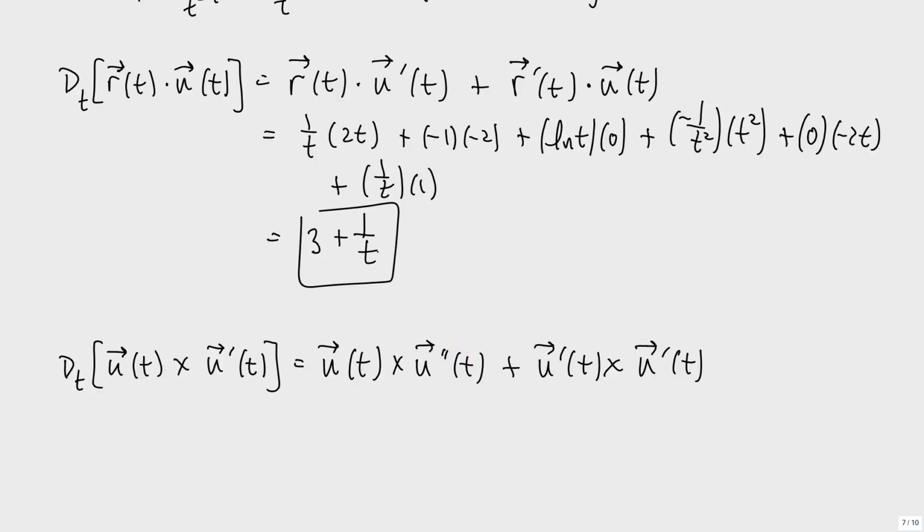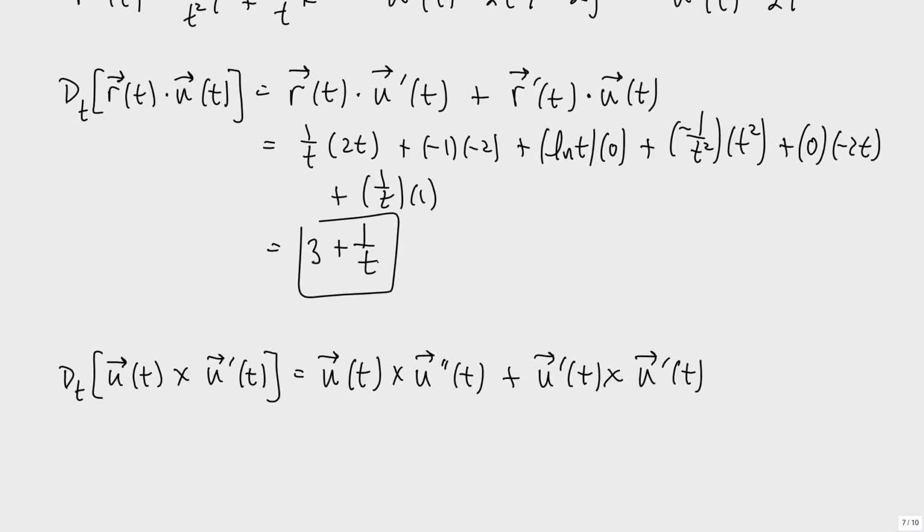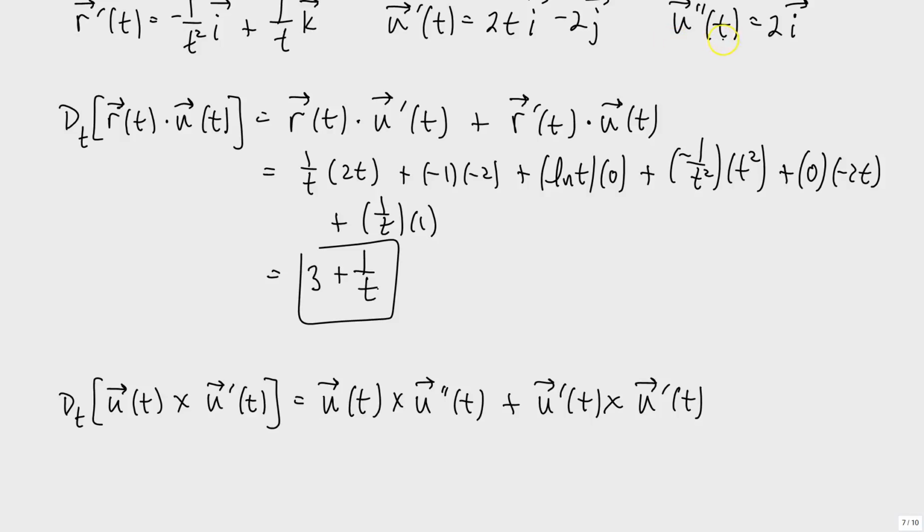So we need the second derivative. So the second derivative of u is going to be 2i. Derivative of negative 2 is 0, so that would just be 0. Okay, so we've got u prime, u double prime, and we've got u. So we got everything we need.